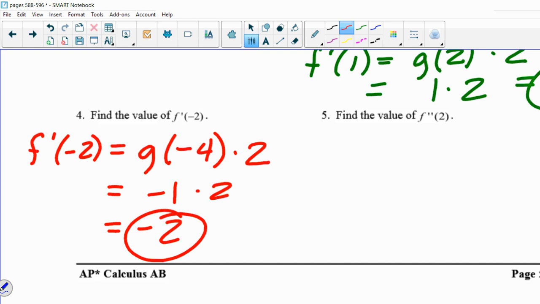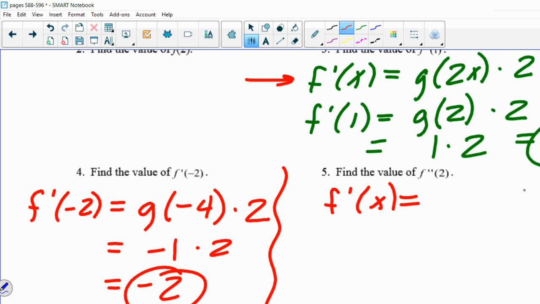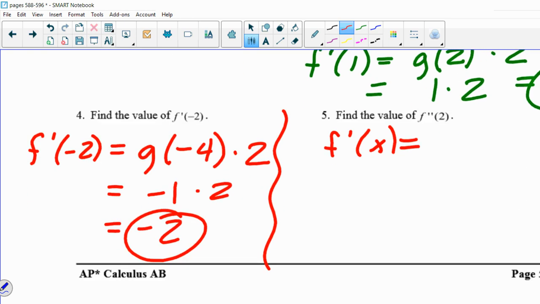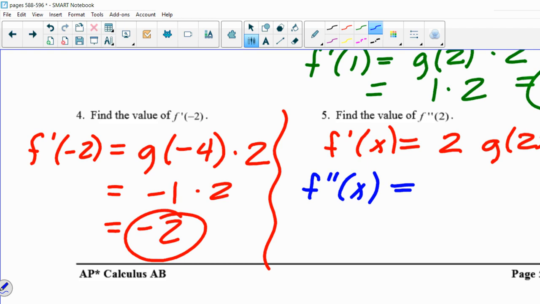Number 5 is f double prime. Well, f prime of x is g of 2x times 2. Let's write it like this: g of 2x, and we'll just put the times 2 in front. Well, I've got to find f double prime of x before I can find f double prime of 2. So f double prime of x, I'm just going to bring that 2 down.